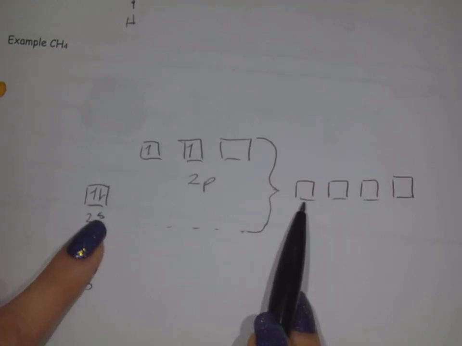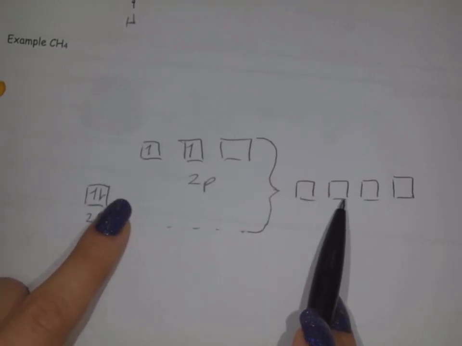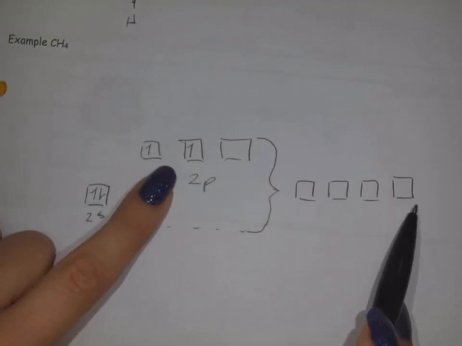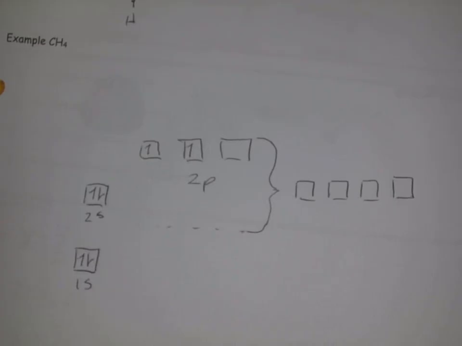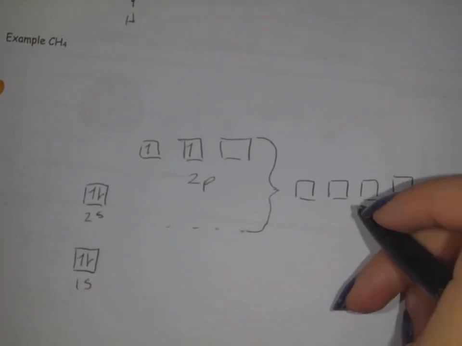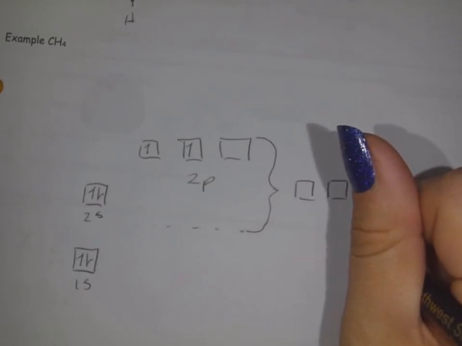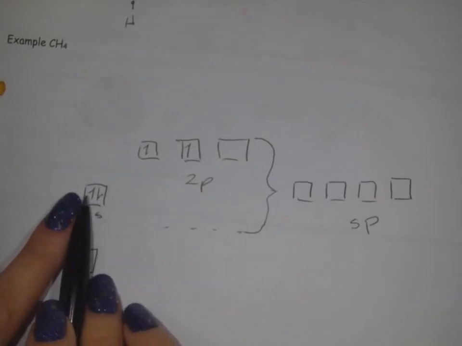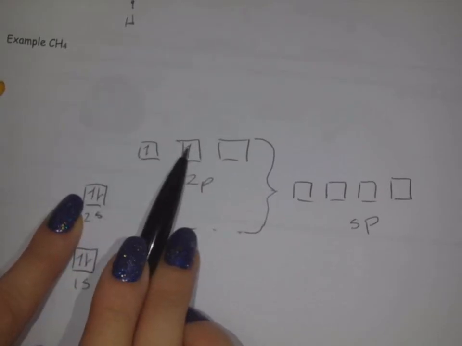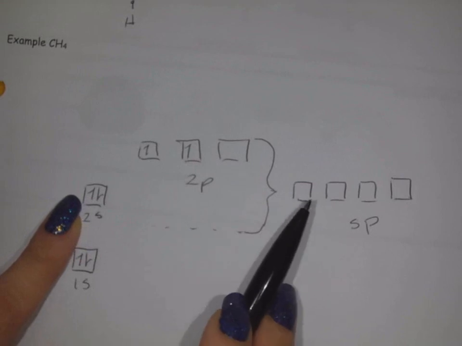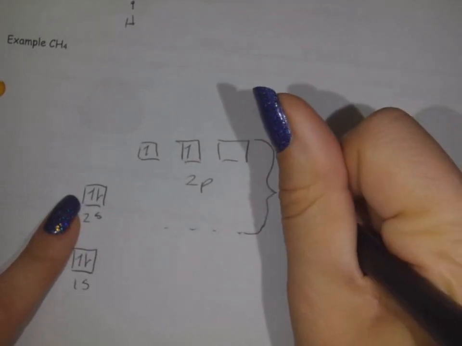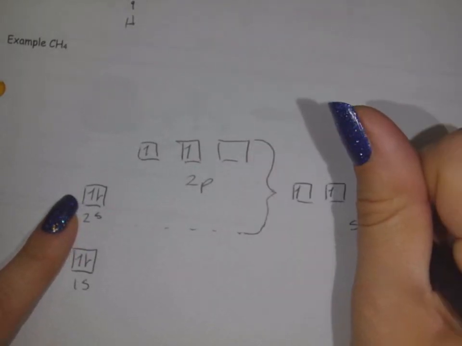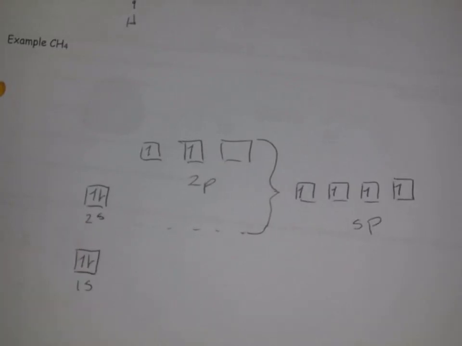Okay, this one used to be the 2s, and these used to be the 2p's, but now they are not distinct s and p's. Instead, we have 4 orbitals, and they are hybrid orbitals, and we'd call that a hybridization of sp. We just brought the s and the p together. And look at this. There was 1, 2, 3, 4 electrons, so let's distribute those 4 electrons. 1, 2, 3, 4.